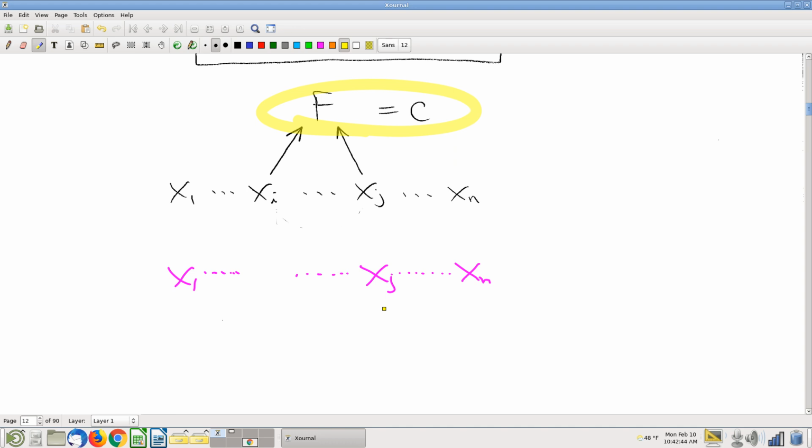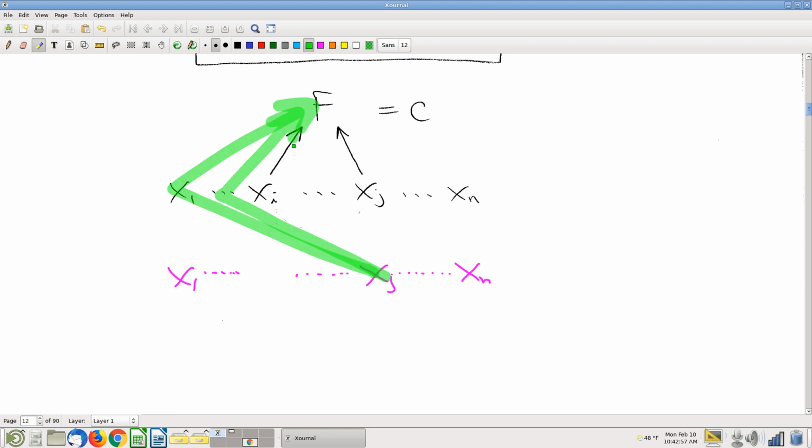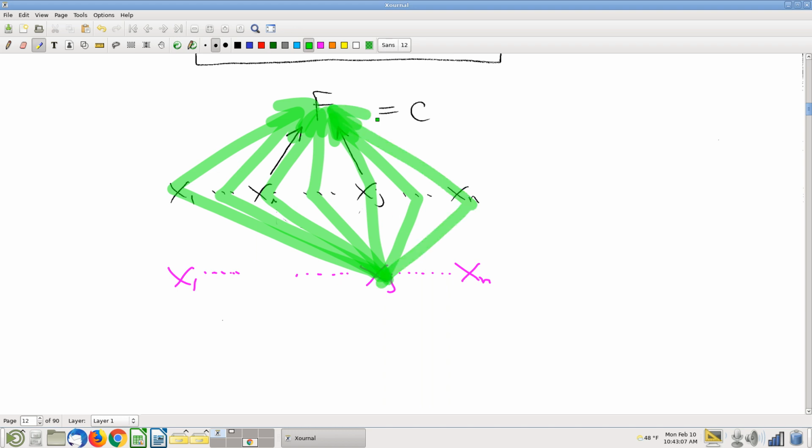And how do we take the partial of this f with respect to xj? And, well, of course, we use the chain rule. And we write down a bunch of terms that correspond to a bunch of different paths, a bunch of different intermediate variables, etc. Right? Okay.